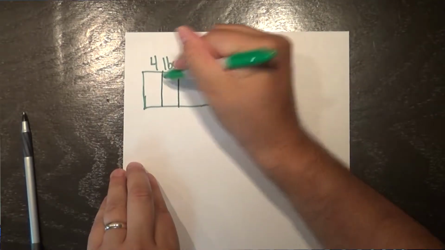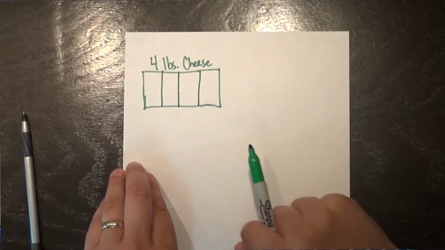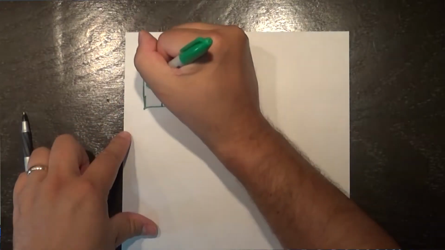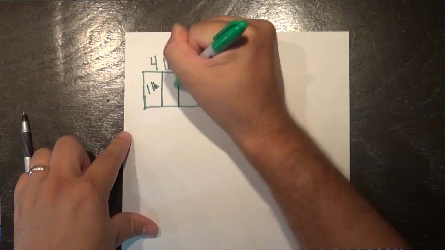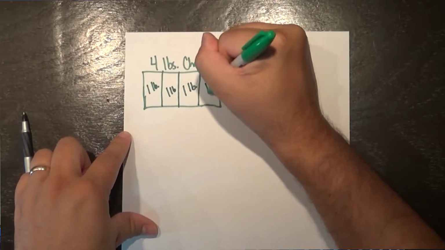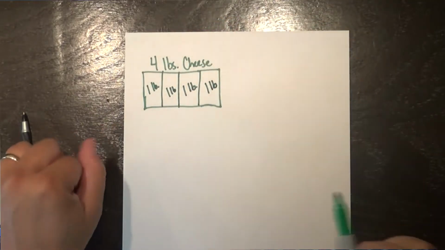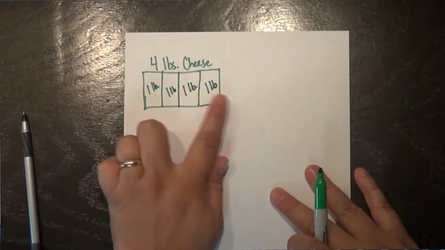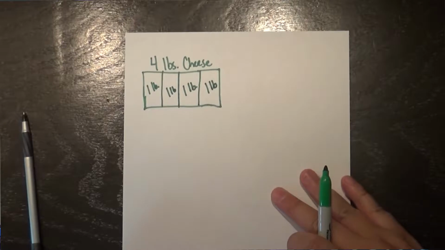I can break that up again, just like that. Now I have 1 pound, 1 pound, 1 pound, 1 pound. So in other words, this is 1 pound, 1 pound, 1 pound, and 1 pound of cheese. All right, so 4 pounds total with 4 individual pounds being shown.